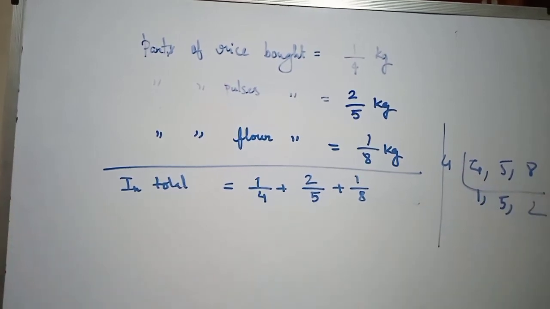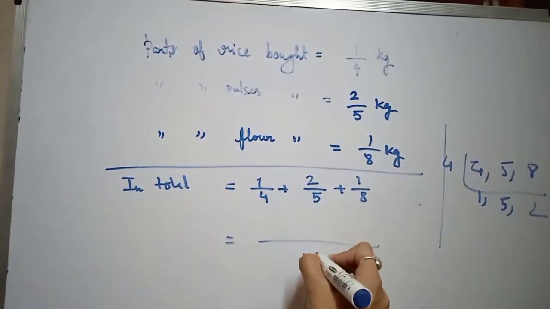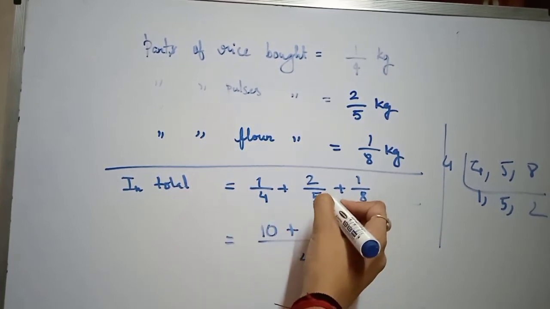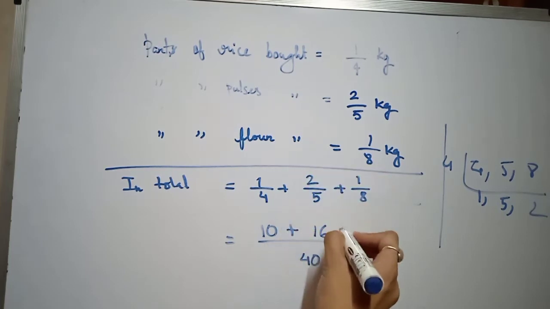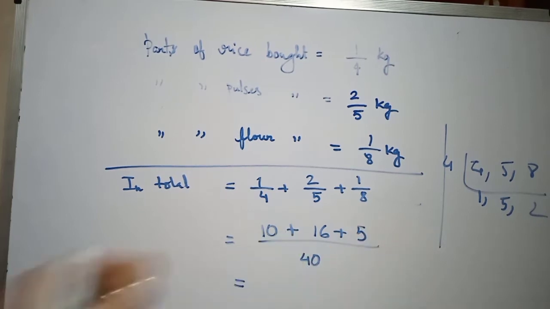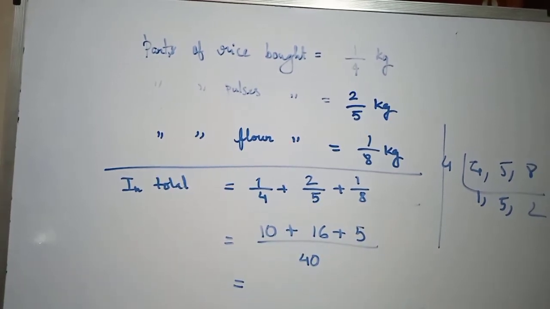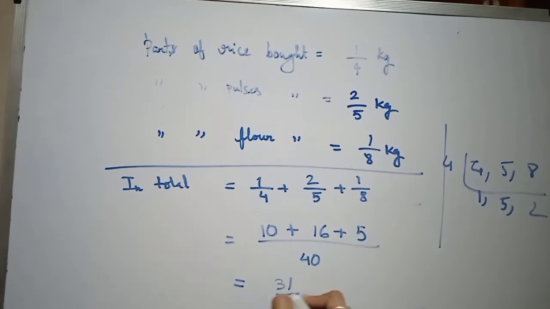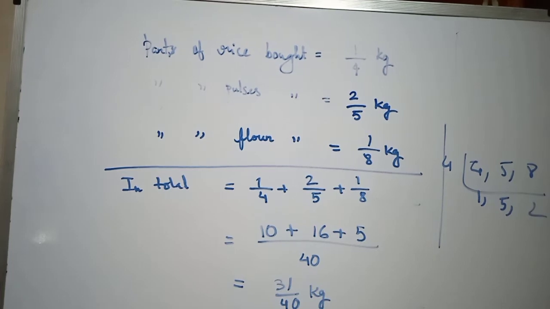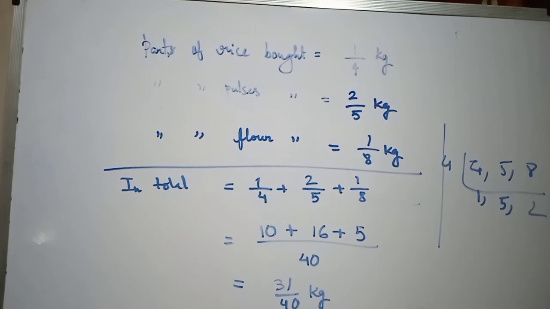So this will be 40. 40 divided by 4 is 10, 1 into 10 is 10. 40 divided by 5 is 8, 8 into 2 is 16. 40 divided by 8 is 5, 5 into 1 is 5. 10 plus 16 is 26, 26 plus 5 is 31 by 40. So this part of food is bought by Pritam's father in total. Okay, this is our answer.